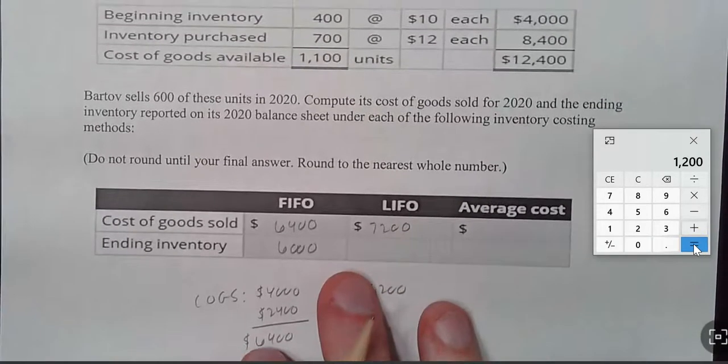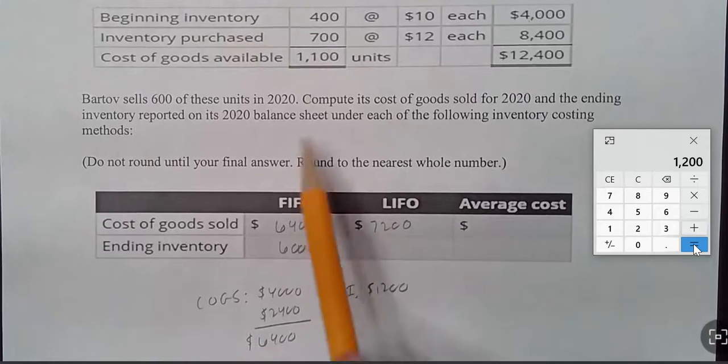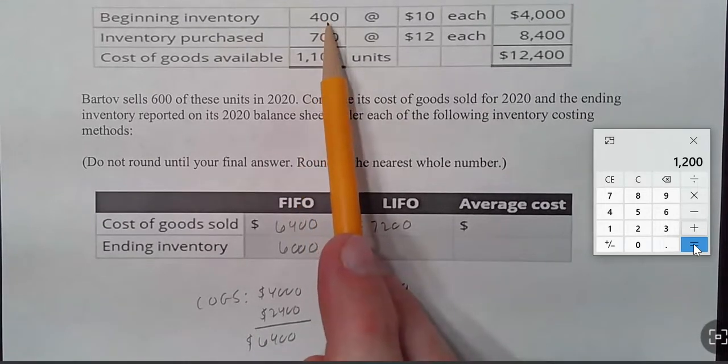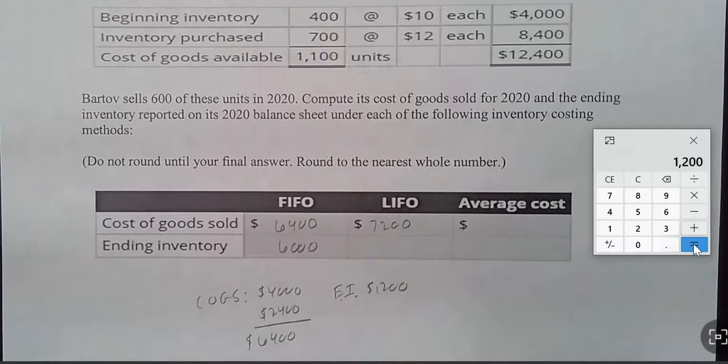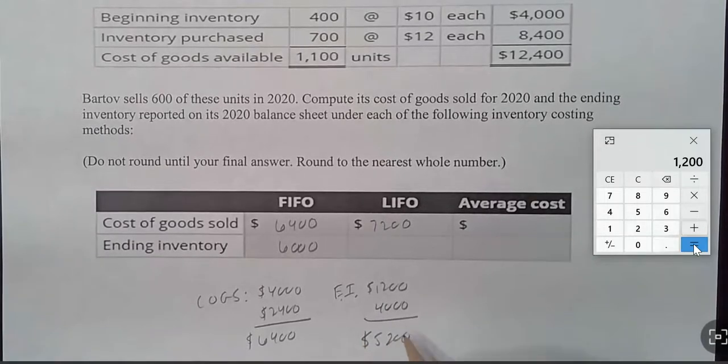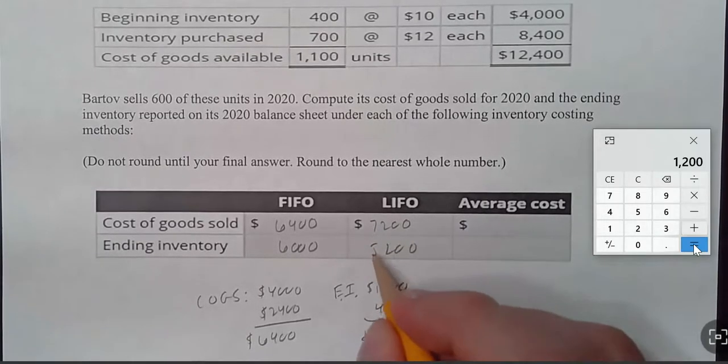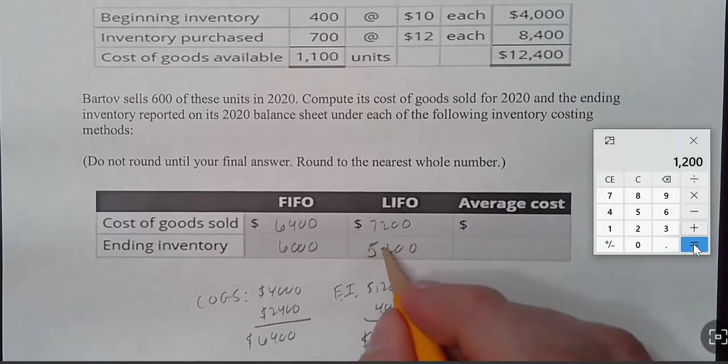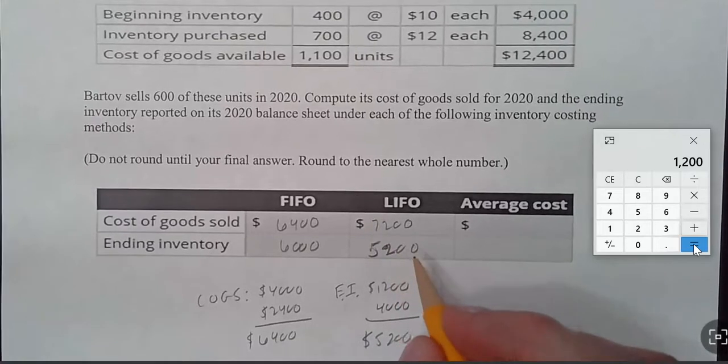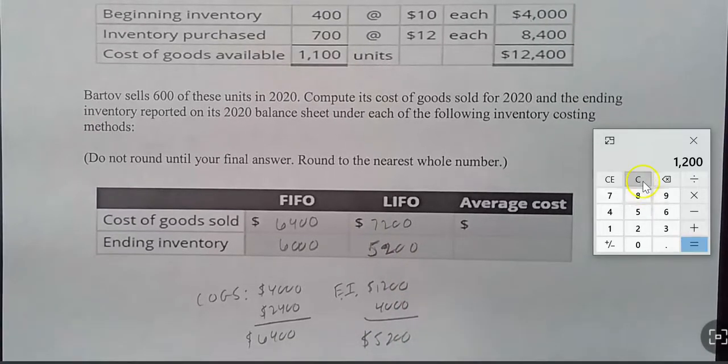And then we also have the entire 400 initial beginning inventory at $10. So that's 4,000. And that's going to give us an ending inventory value of $5,200. And so just to double check, we take 7,200, we add to that 5,200, and we do get the same 12,400.